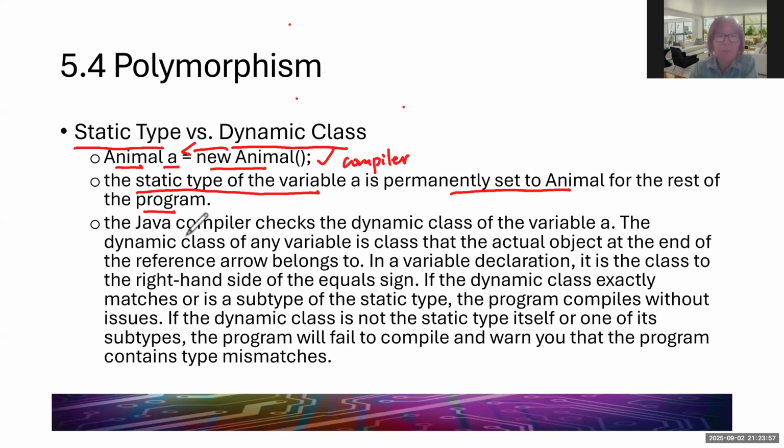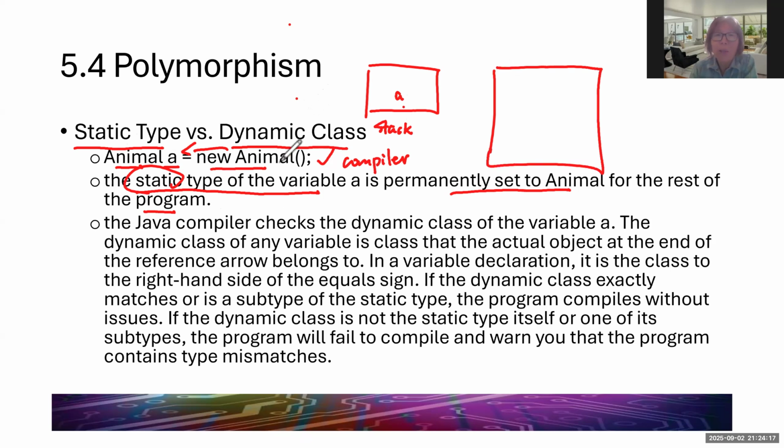And this new Animal, if you recall, a is on the stack, the variable, and we also say it's the static type. When you do new Animal, it allocates a block of memory on the heap, some Animal object.